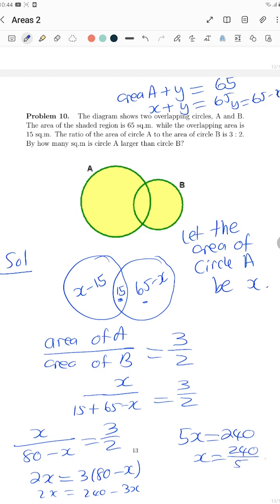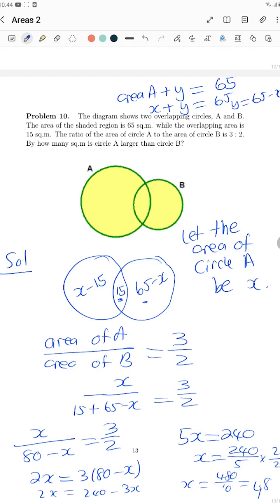One trick to do this calculation is to double the top and the bottom. So x is the following. It's 480 divided by 10. Dividing by 10 is easier than dividing by 5. 480 divided by 10, that means that x is 48.